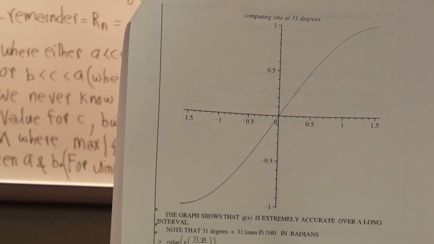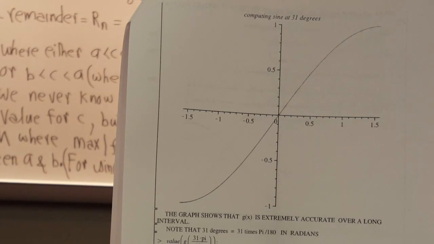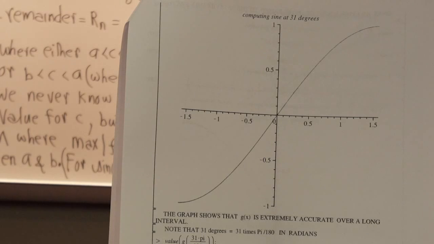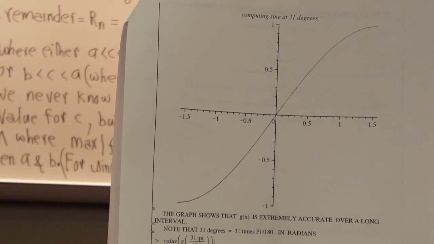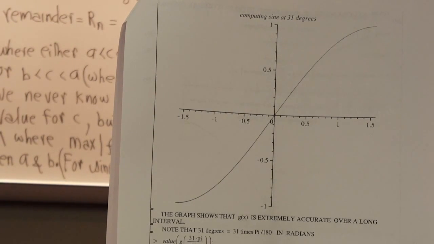You notice that there are really 2 curves there, but you can't tell which one's which because the polynomial is extremely accurate.